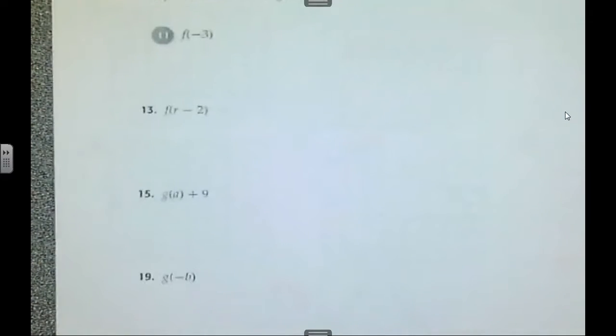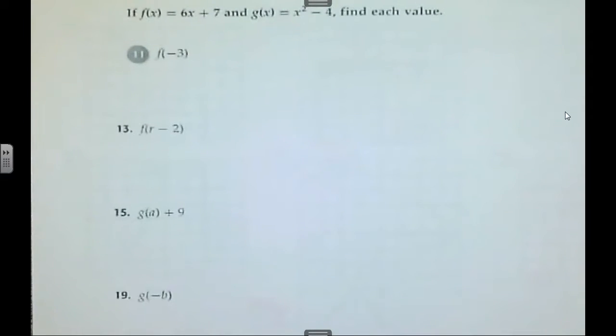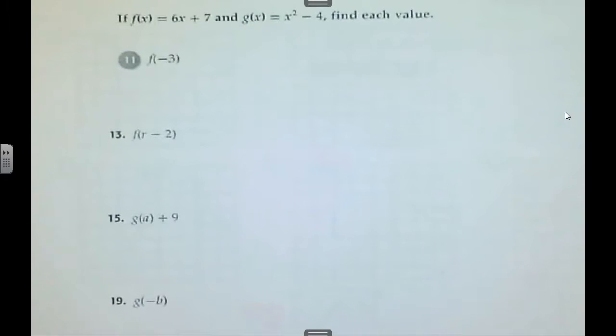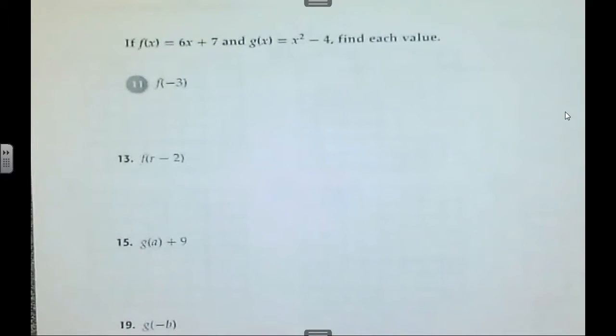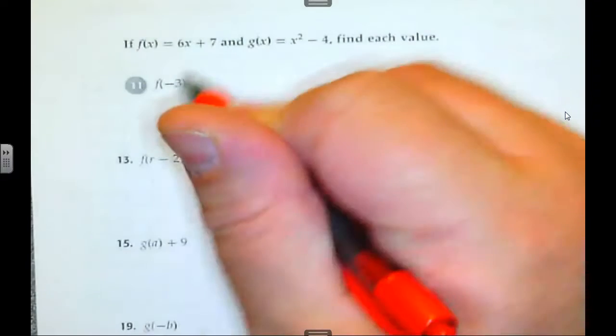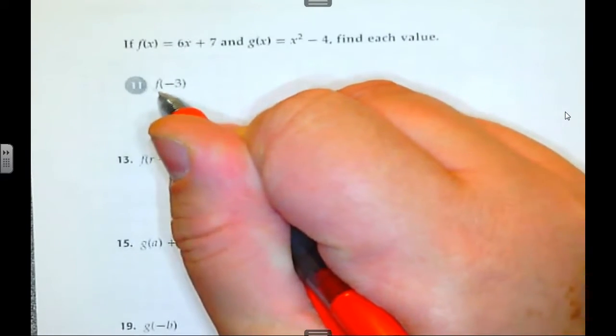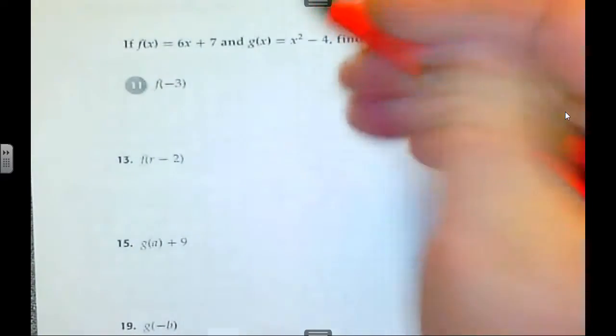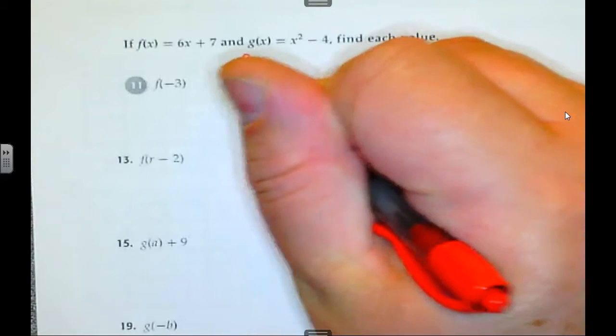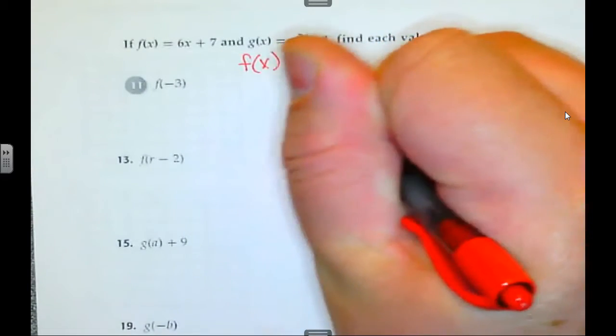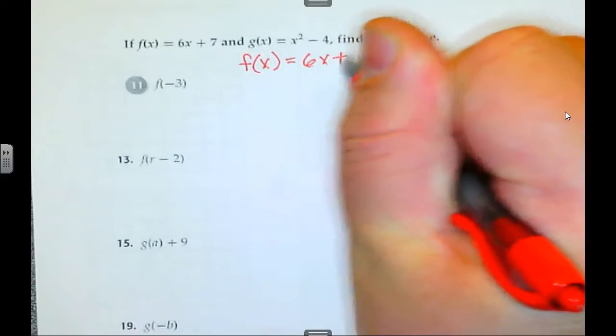Now, this is where a lot of you have a little bit of trouble: evaluating functions. This says it wants to find the f of -3. First of all, we're going to have to use the f function, which is f of x equals 6x plus 7.